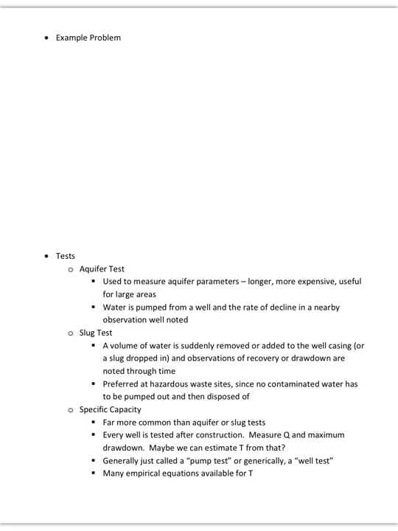Okay, so the example problem, we have a confined aquifer. Transmissivity is 10,000 gallons per day per foot. S, the storativity, is 10 to the minus fourth. The flow rate from the well, Q, is 1,000 gallons per minute.